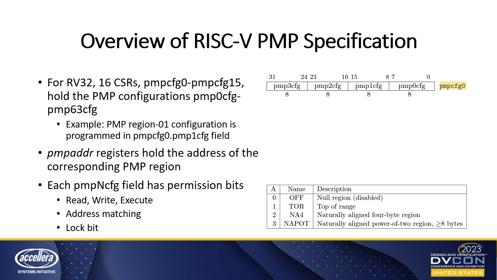The address matching bit, or the A bit, defines how the address programmed in the PMP address register is interpreted. A lock bit, or L bit, when it is set, indicates that the specific PMP region registers cannot be reprogrammed unless the hart is reset. Any subsequent register writes are ignored.